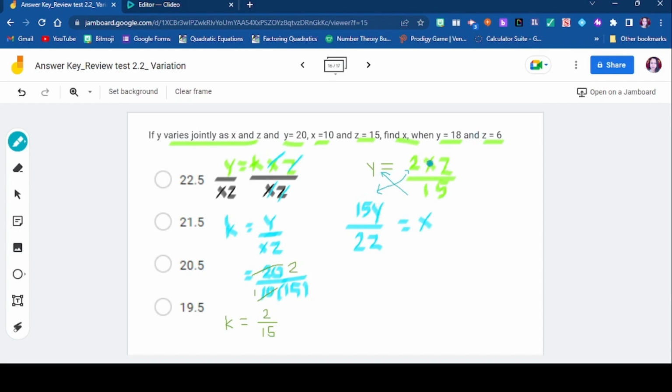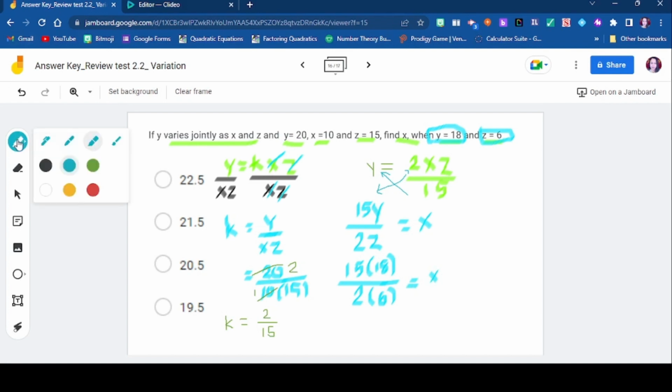So now let us use the given. y is 18, so you put there 15 times 18. Then z is 6. Take note of that. So 2 times 6. You observe clearly that our numbers have divisibility. For example, 15 and 6 are divisible by 3.